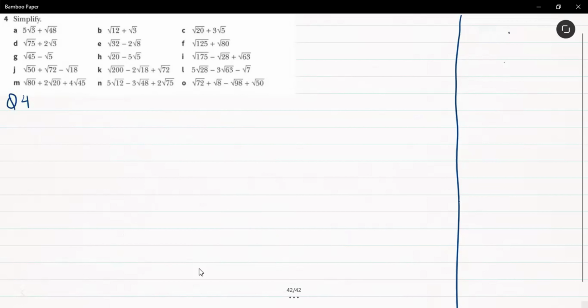Okay, part J. We have got √50 + √72 − √18.